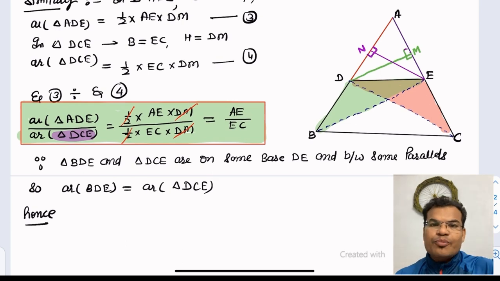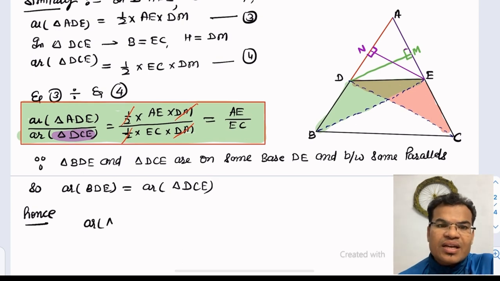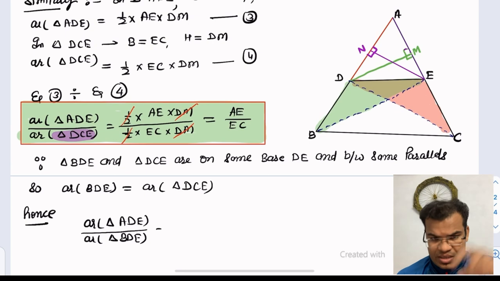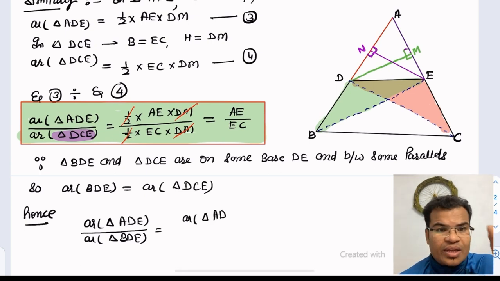So we use this concept here, since the areas of both the triangles are equal. So we have ADE upon area of triangle BDE first, and second, area of ADE upon area of DCE.